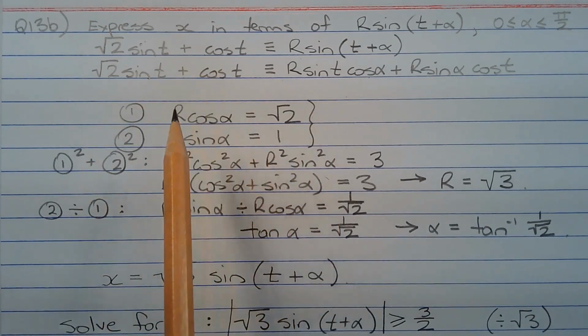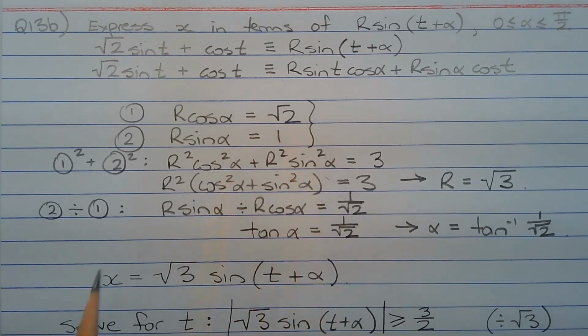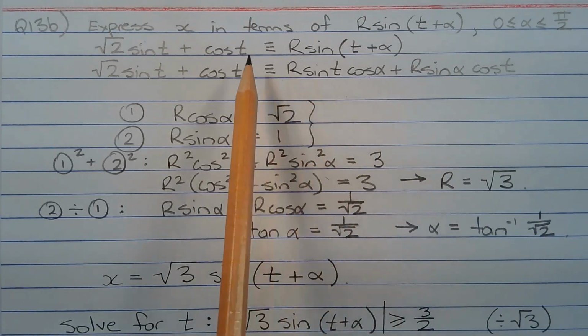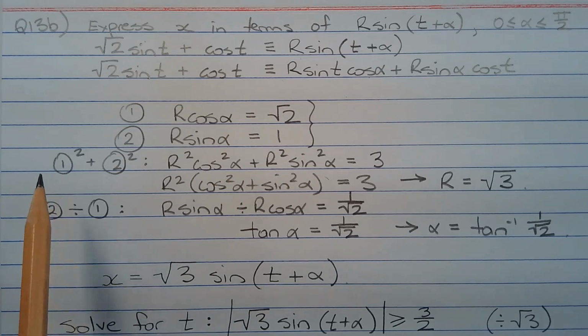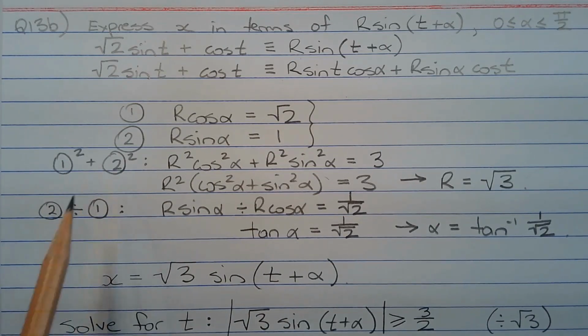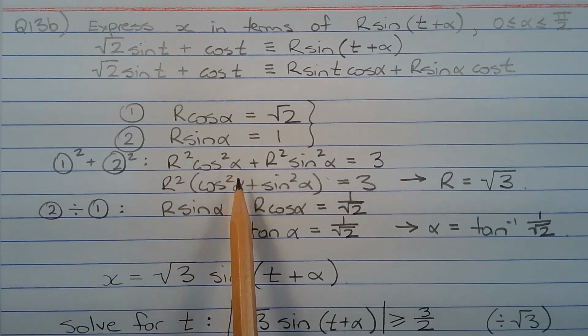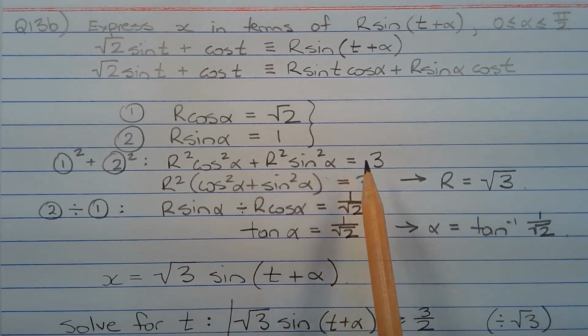Forming two equations in r and alpha, we have equation number 1, r cos alpha is equal to root 2, and equation number 2, r sine alpha is equal to 1. Solving these two equations simultaneously, since we have two equations with two unknowns, squaring both equations and adding them together, we get r squared cos squared alpha plus r squared sine squared alpha is equal to 3.